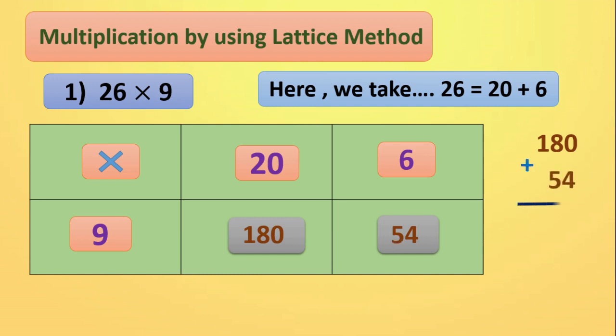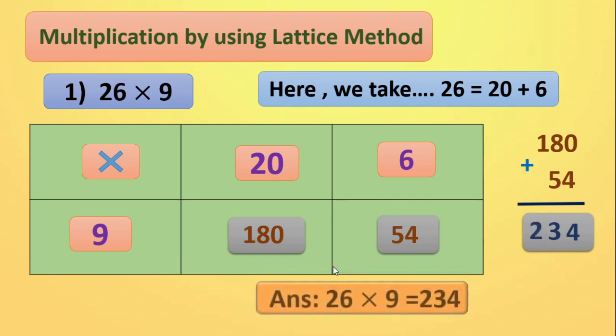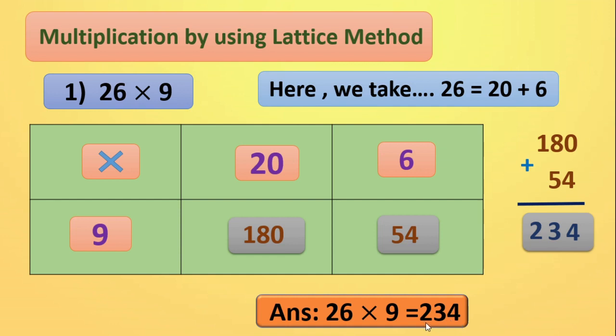So the answer is nothing but the answer for 26 multiplied by 9. Here 0 plus 4 is 4. 8 plus 5 is 13, 3 we will write here, 1 is carried over. Then 1 plus 1, that is 2. So 26 multiplied by 9 is nothing but 234. This is a 2-digit number multiplied by a single digit by lattice method.